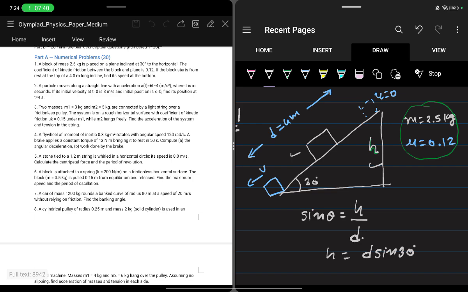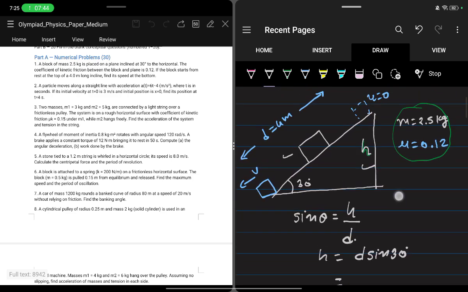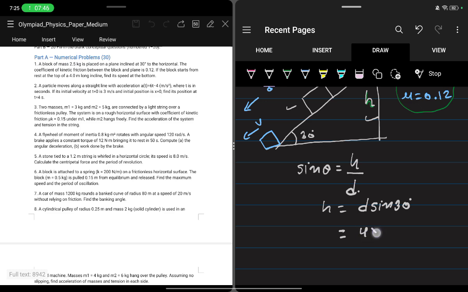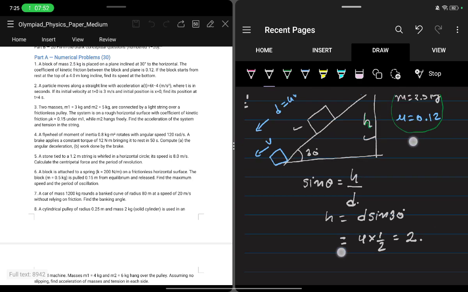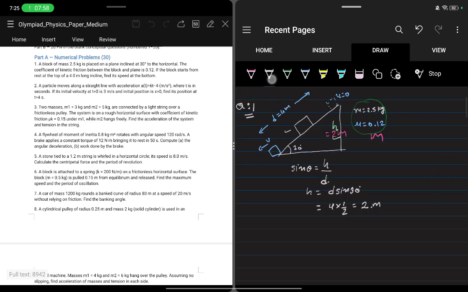And what's the d here? d is 4 meters and sine 30 degrees is 1/2, right? So the height is 2 meters. So we can use energy conservation.